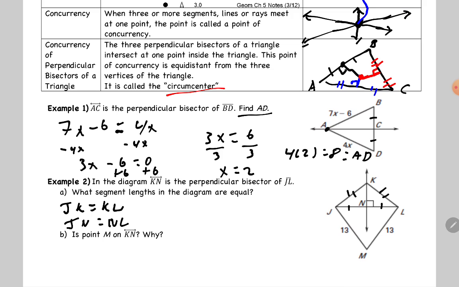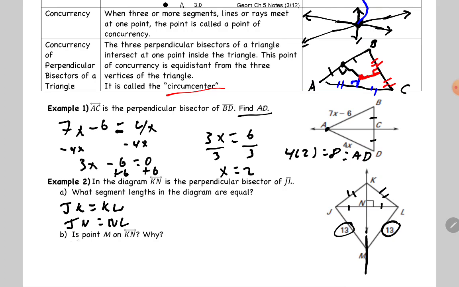Okay, those are the only ones we know for sure. Now they ask us, is point M on KN? So if we continue KN and keep on going, does M fall on that line? How do we figure that out? If JM is equal to ML, which they are, then it does lie on that line.